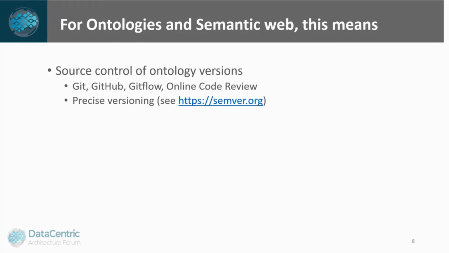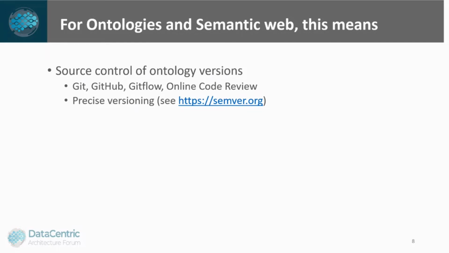Let's use precise versioning. So let's start associating 3-digit version numbers with the ontology. If you go out and look at semver.org, it sounds semantic, but they just mean there's meaning to each position in a 3-position version number. It's not for semantic systems, it's for any system.